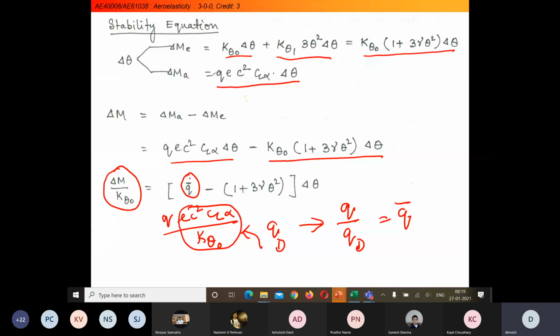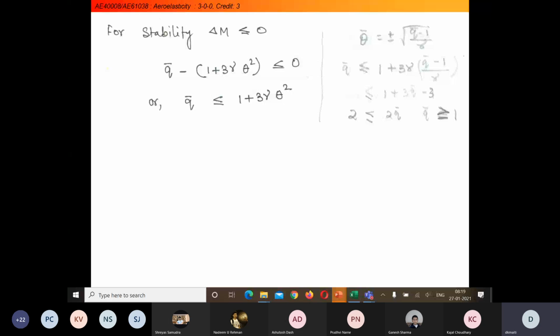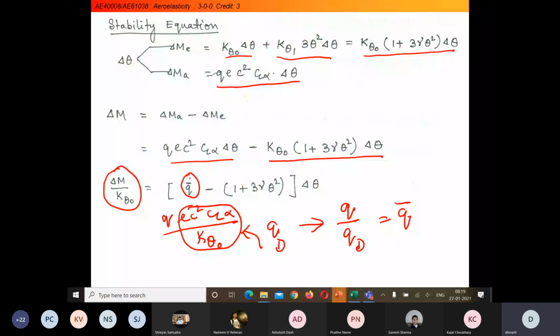What is the meaning of this? It means that depending on the amplitude and the nonlinearity term, the q bar will be varying, which will be higher than 1. In this case, whatever we are getting, this 1 plus 3 gamma theta square.